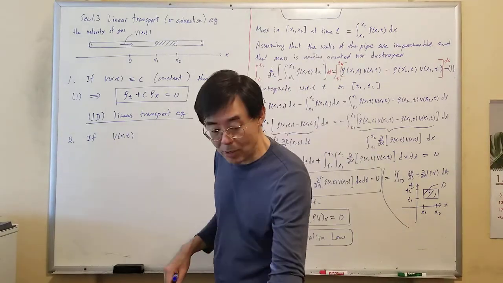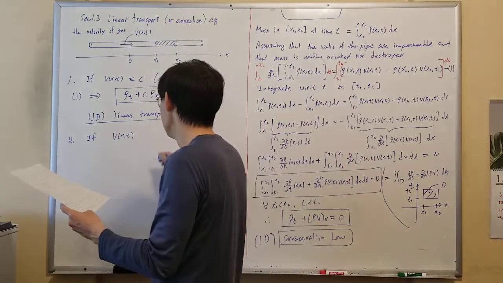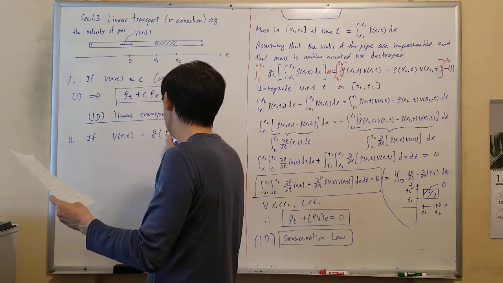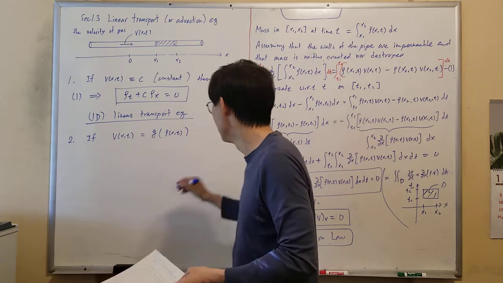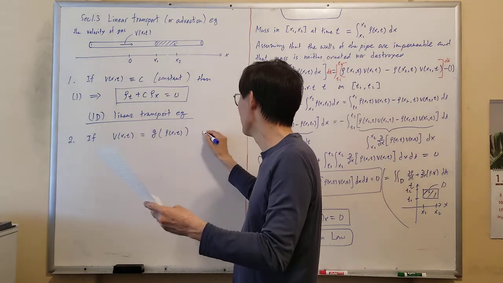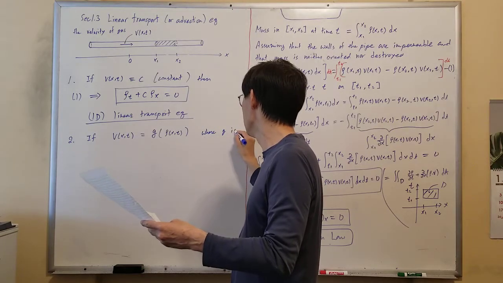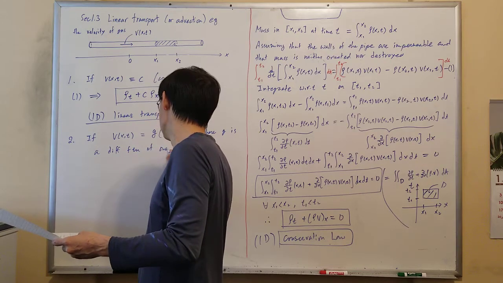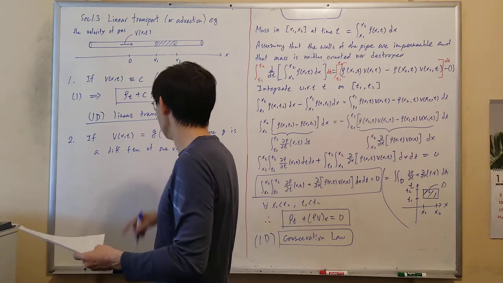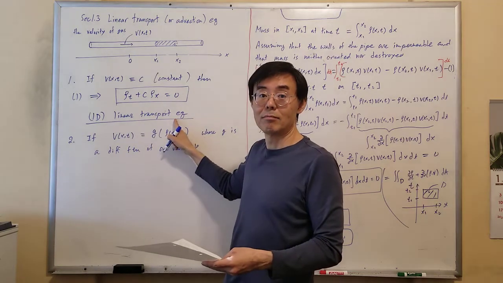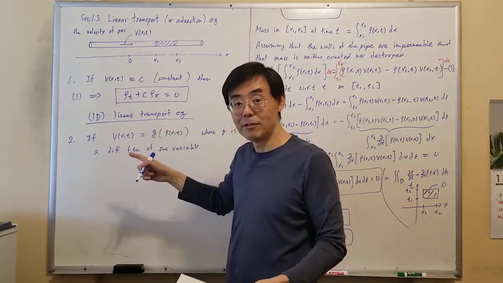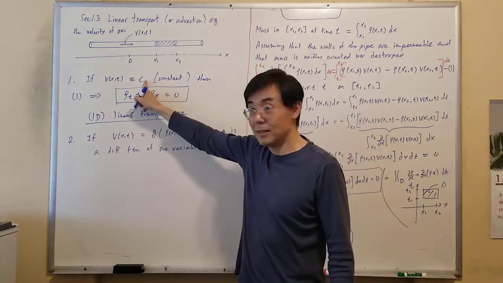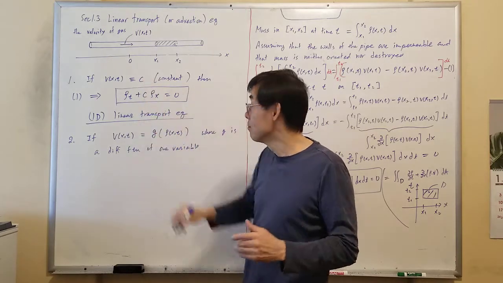So our next, more realistic attempt is that maybe this is some function of density, where g is a differentiable function of one variable, like rho square, sine of rho, whatever. This is much better than the overly simplistic assumption.